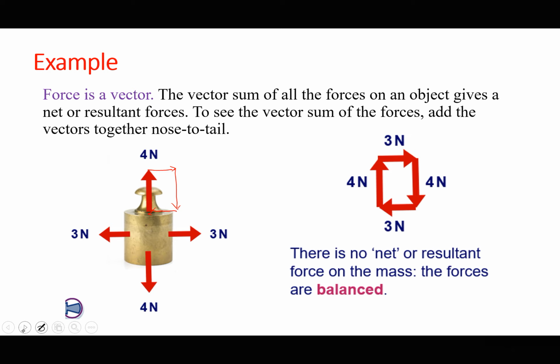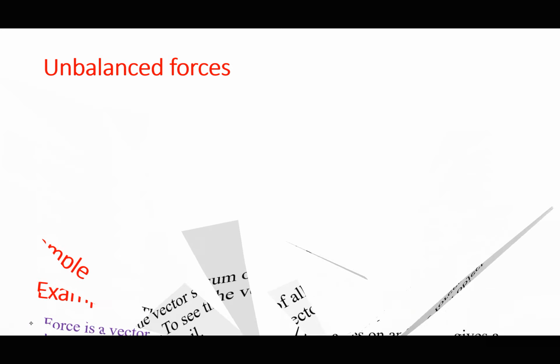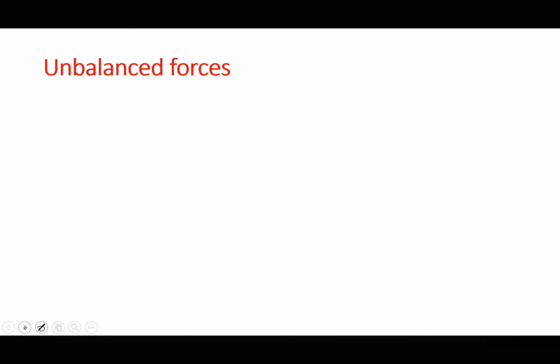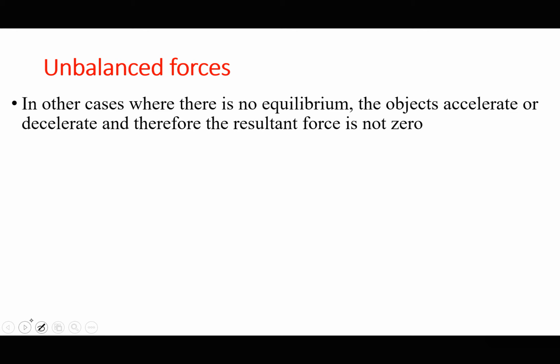Then let's also briefly talk about the unbalanced forces. In other cases where there is no equilibrium, the object accelerates. In other words, it speeds up. In that case, the resultant force is not going to be zero.